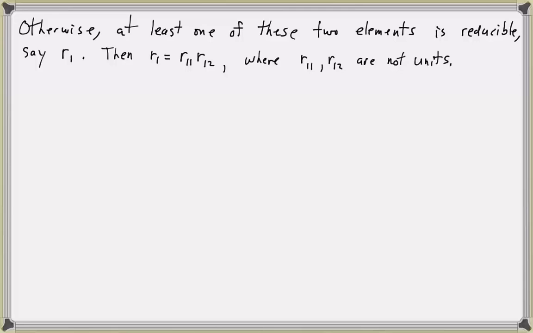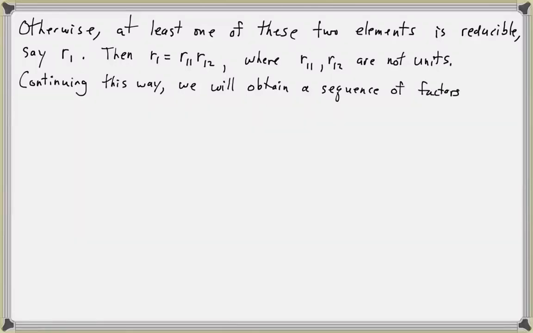So we see that we can continue this process, and we'll show that this process has to stop after a finite number of terms. So if we continue this way, we will obtain a sequence of factors that are not units.